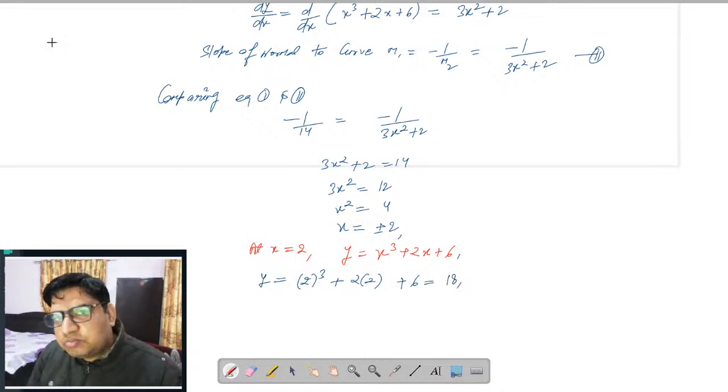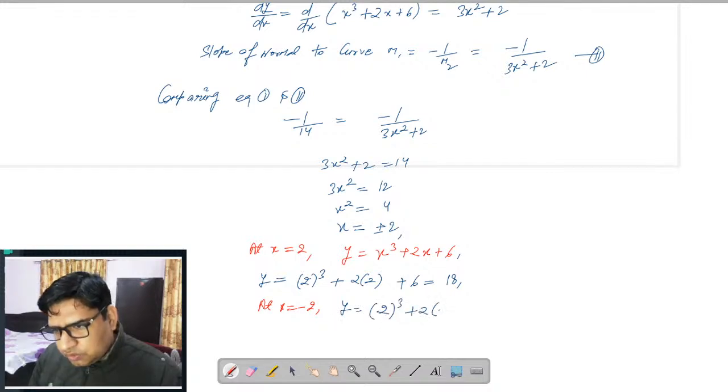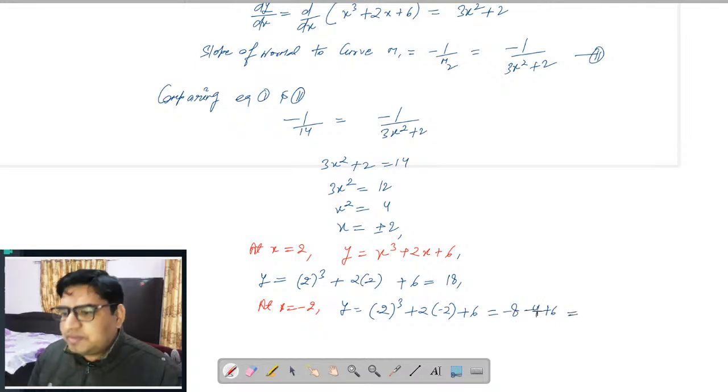And at x is equal to minus 2, y will be equal to minus 2 cube plus 2 into minus 2 plus 6, so that will be equal to minus 8 minus 4 plus 6, and minus 8 and minus 4 is minus 12, so that will be minus 6.